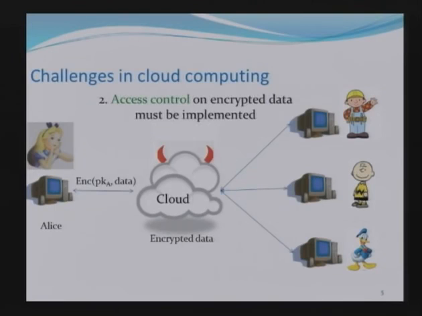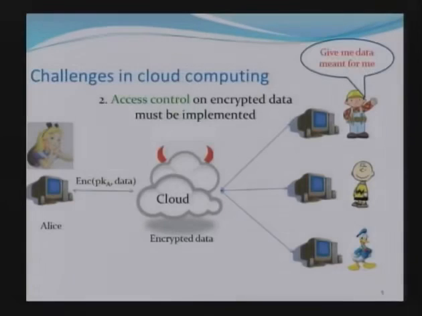This works fine, except that if we had any sort of access control on the data, now that needs to be implemented on encrypted data. So think, for example, Alice wants to give out her social security number to Bob alone because Bob wants to run some credit check or something like that. But she doesn't want Bob to learn all her secret information.